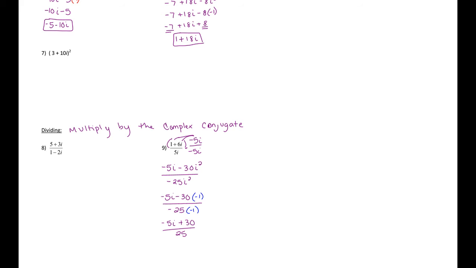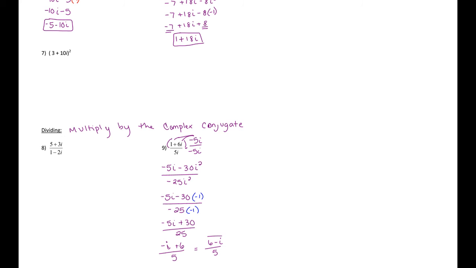And I need to check if there's a number that goes into 5, 25, and 30. And that number is 5. So if I divide everything by 5, I get -i plus 6 over 5, which will lead me to my last step, which is just to put everything in standard form.